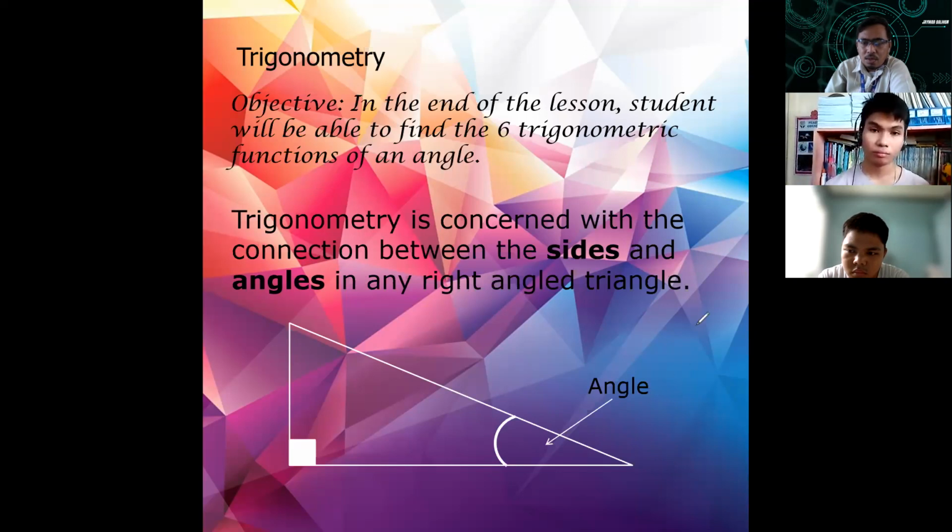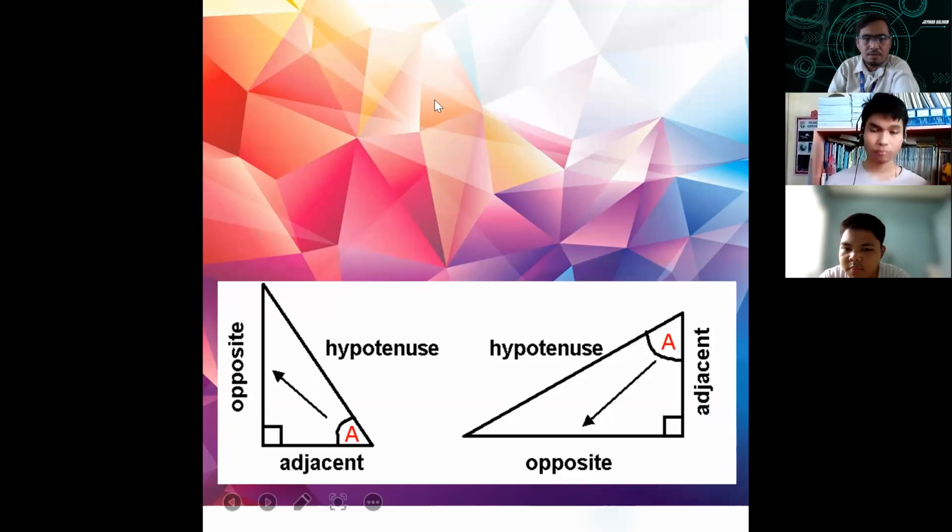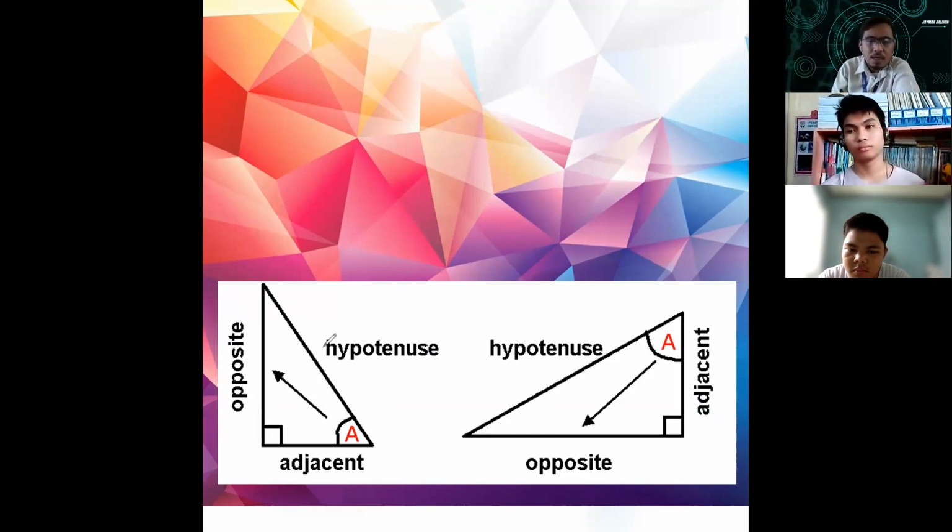So that's it. We will be discussing angles and sides of a triangle. If you have a right triangle, then the longest side is called the hypotenuse.